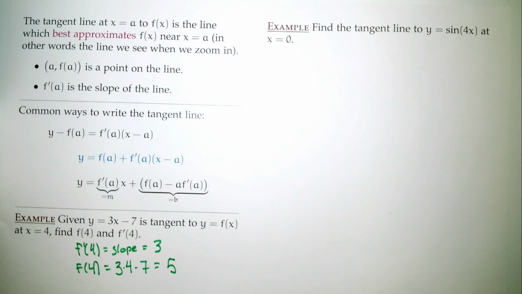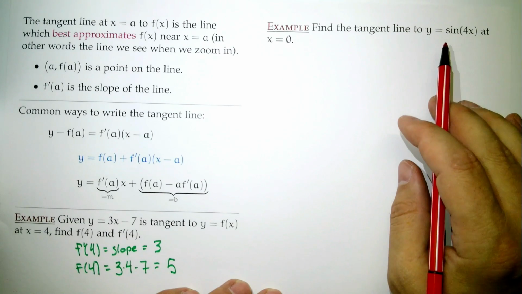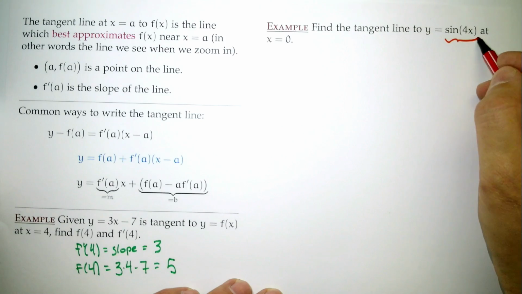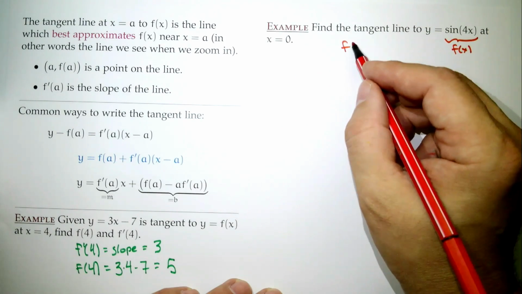Find the tangent line to y equals sine of 4x at x equals 0. Well, let's see. What do we need? Well, we need to know the value of the function at 0. So let's do that. So this sine of 4x, this is our f of x. So what can we say about f of 0?